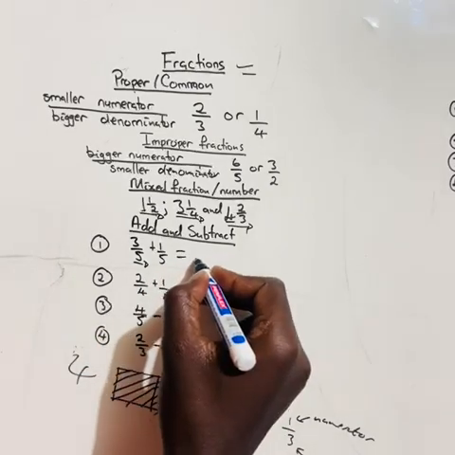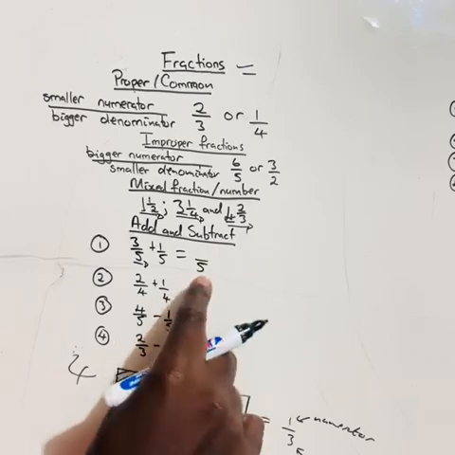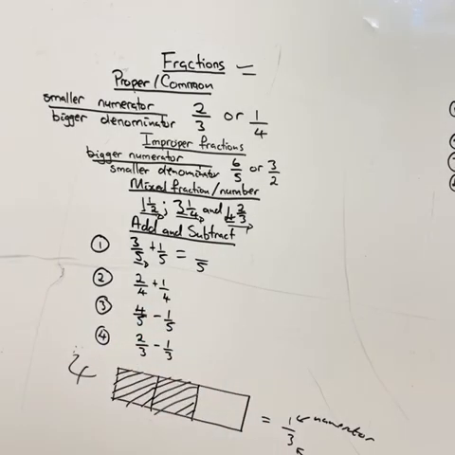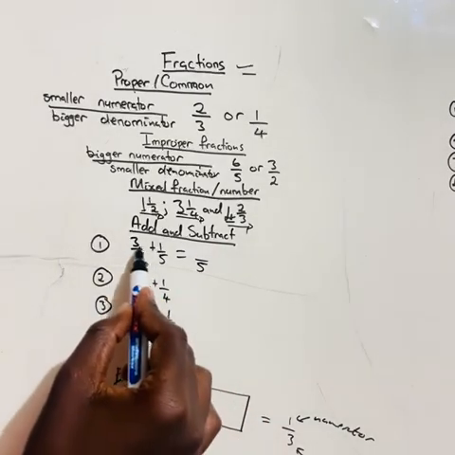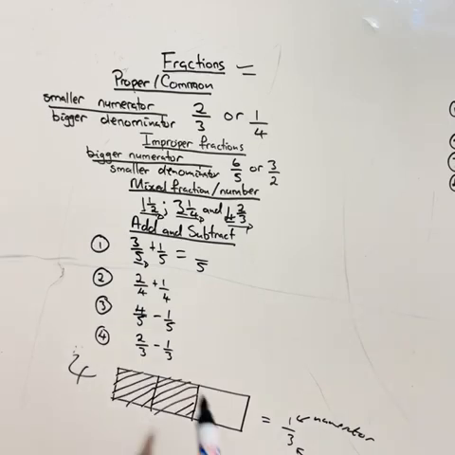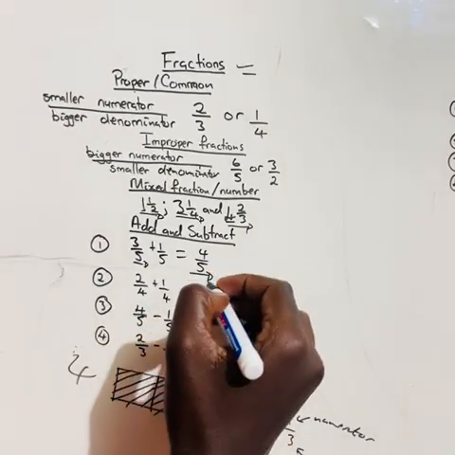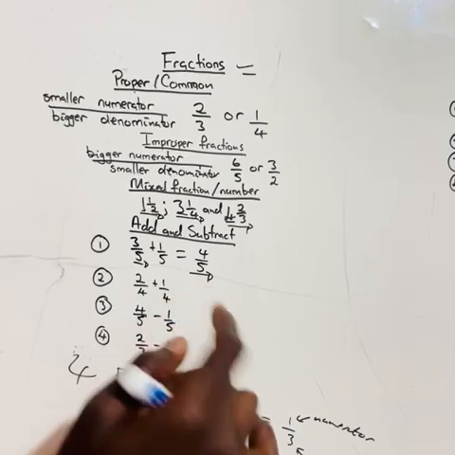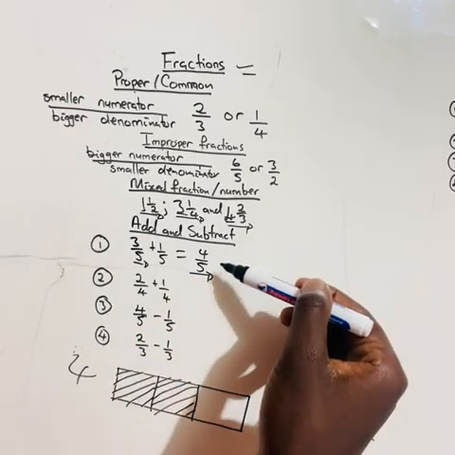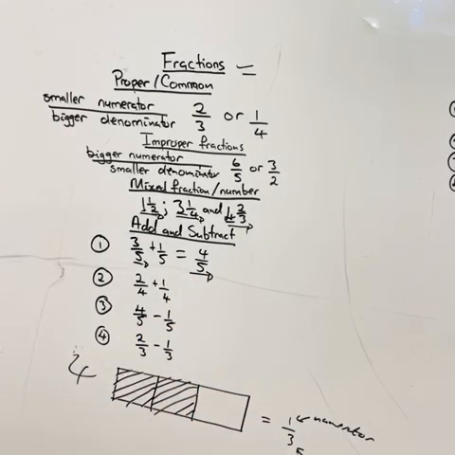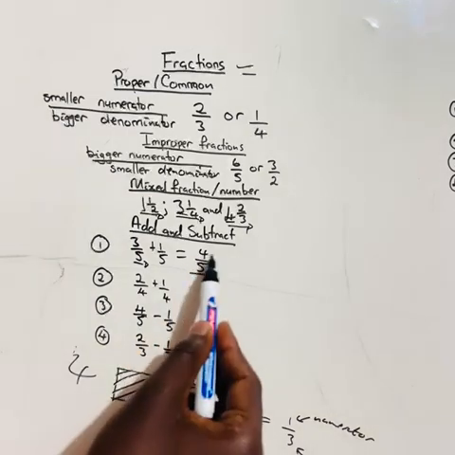I start off by writing my denominator, which is 5, a common denominator. Now I go to the numerator. I say 3 plus 1, which is equal to 4. I've got 4/5. This is my final answer. Why am I saying this is the final answer? Because when I check 4 and 5, and I'm supposed to be simplifying it, is there any other common factor for 4 and 5 besides 1?